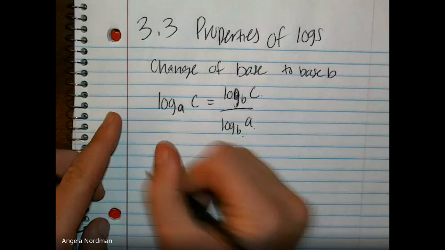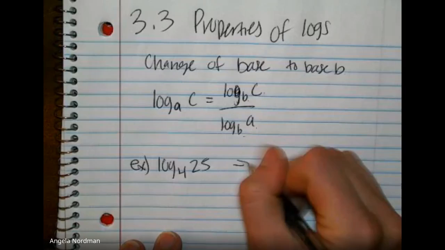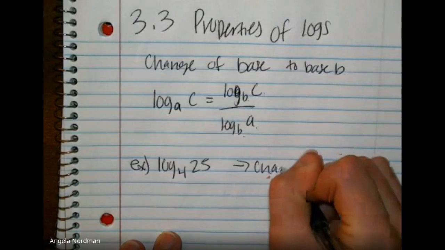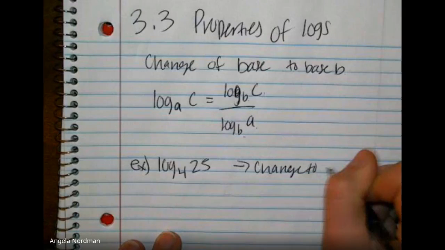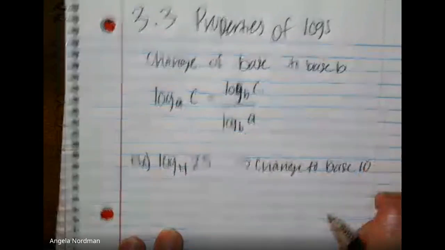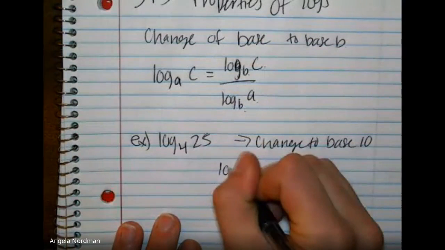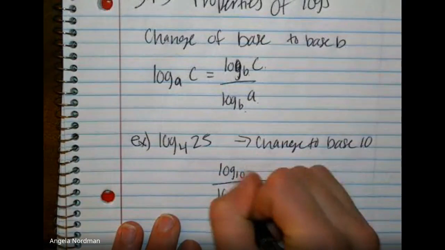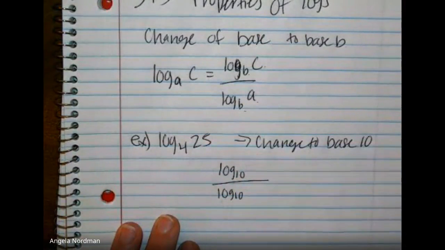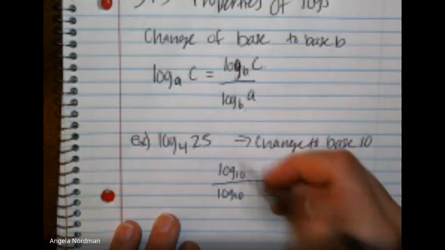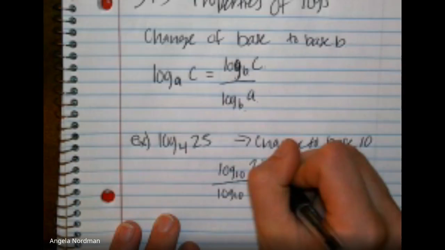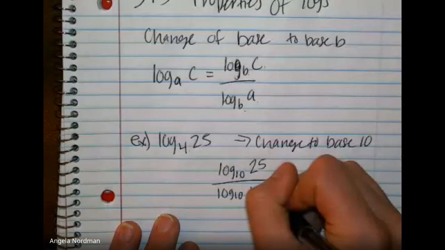So let's say that I have the example log base 4 of 25, and I want to change to base 10. What's going to happen is my new base is log base 10 over log base 10. 25 goes on top, and base of 4 goes in my denominator.